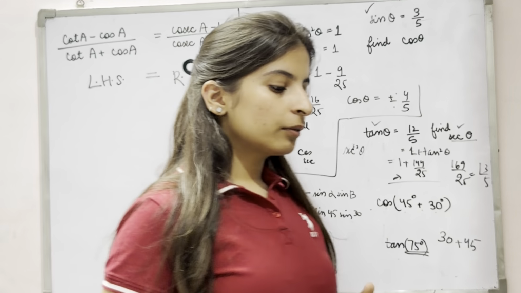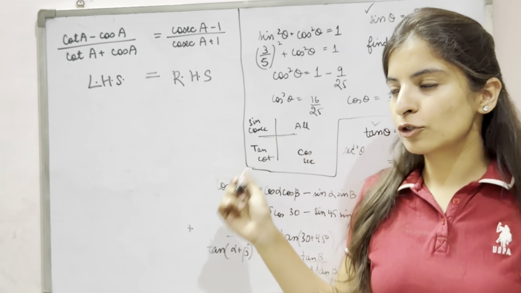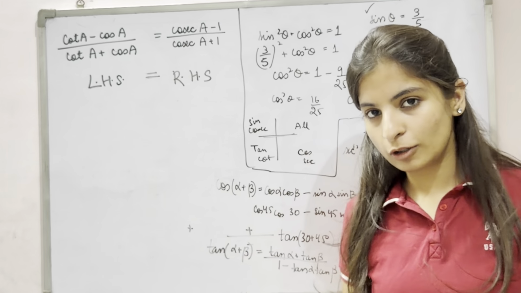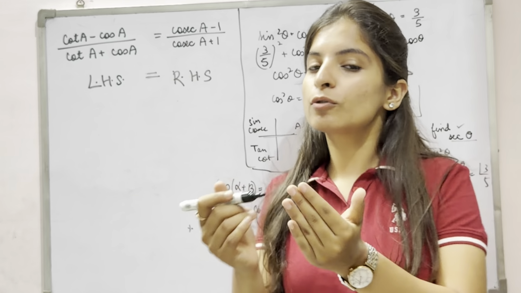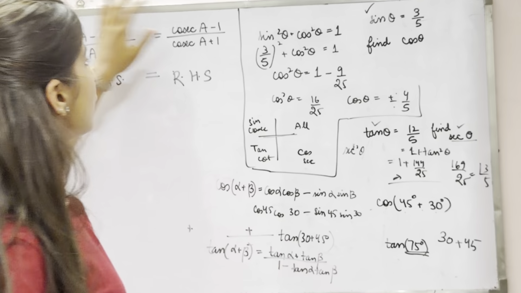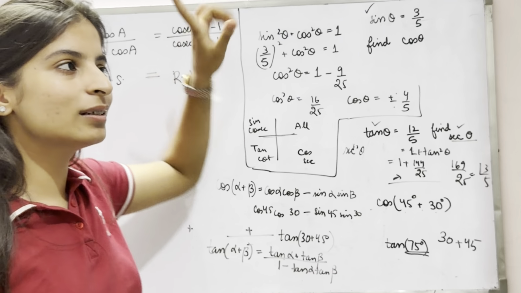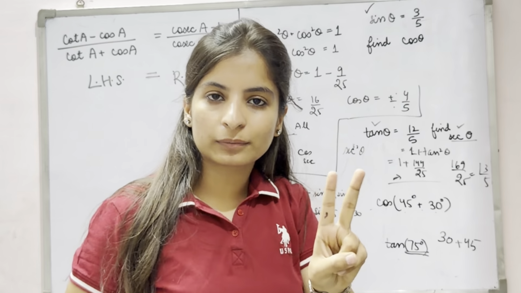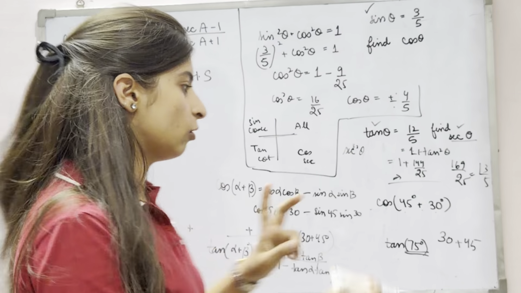Now, in the beginning of this ratios and identities, we did that tan theta equals sine upon cos, cot theta equals cos upon sine, and there were some reciprocal ratios. Whenever you have this sort of questions, what's the first step? Whenever you see tan, whenever you see cot, just convert them into sine and cos.